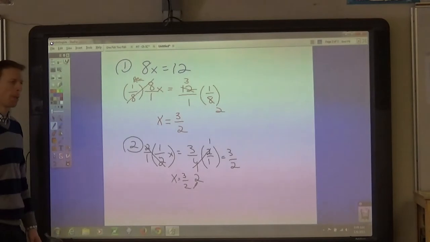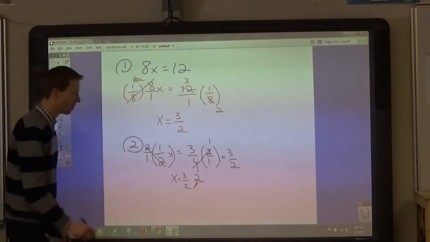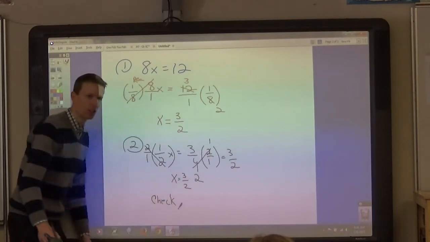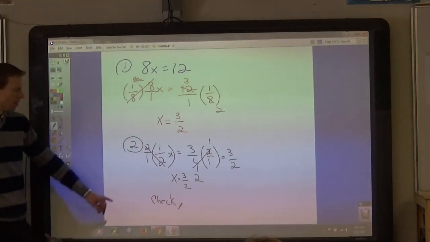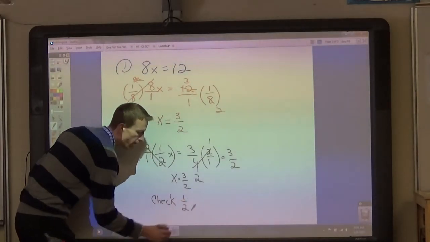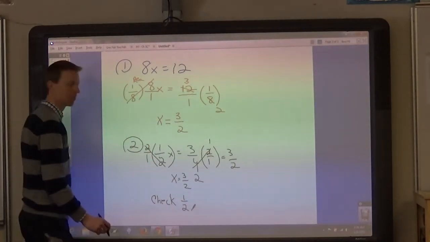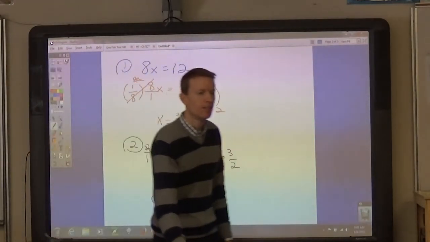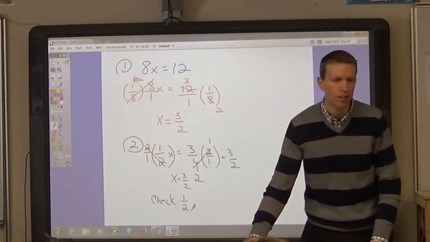Let's check this one. How would we check it? Write the check underneath on your worksheet. Write the original number, 1/2. 1/2 is in the worksheet. Do you have a worksheet, Isaac?